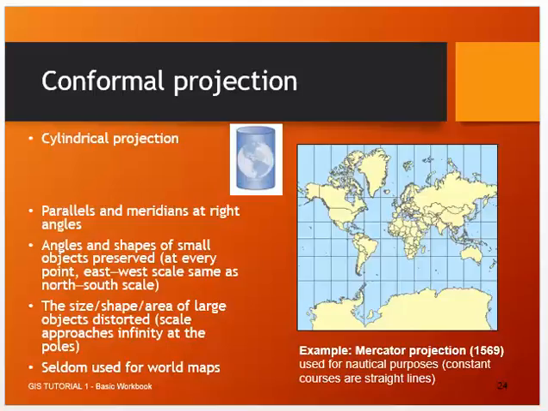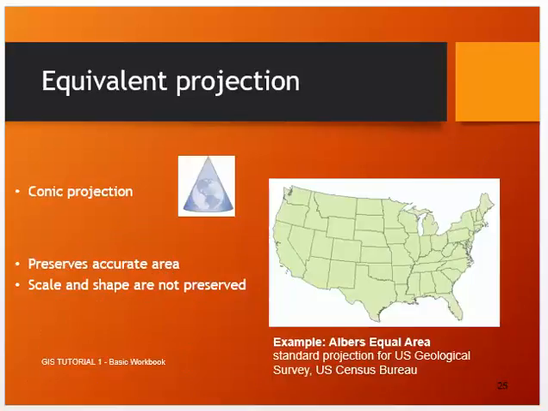Okay, but because it is nearer to the pole than Africa, its size is exaggerated. Okay, so everything is at right angles. The shape is preserved, but the scale is distorted. Okay, it is what it is.